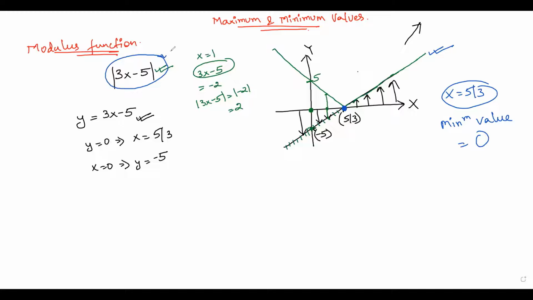So such kind of modulus function will always have a minimum value of 0, and we can get the minima point simply by equating this part to be 0 and finding the value of x.